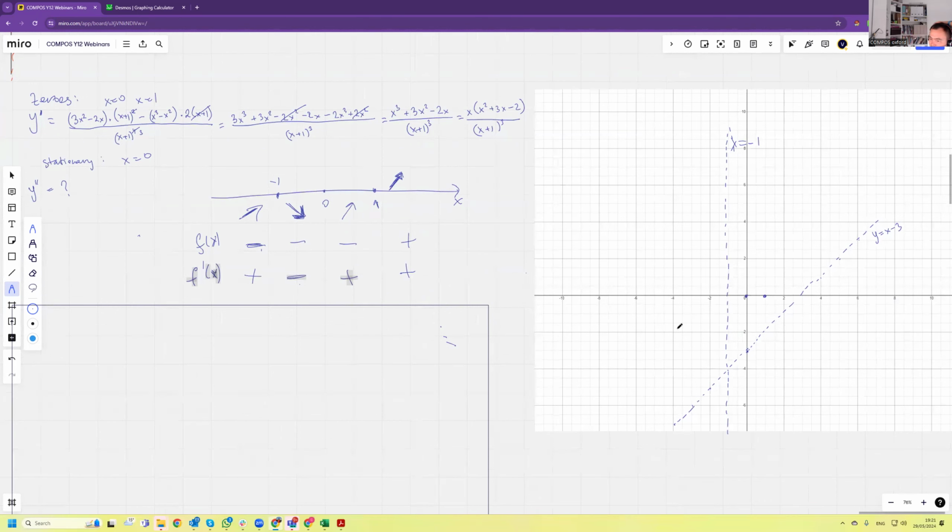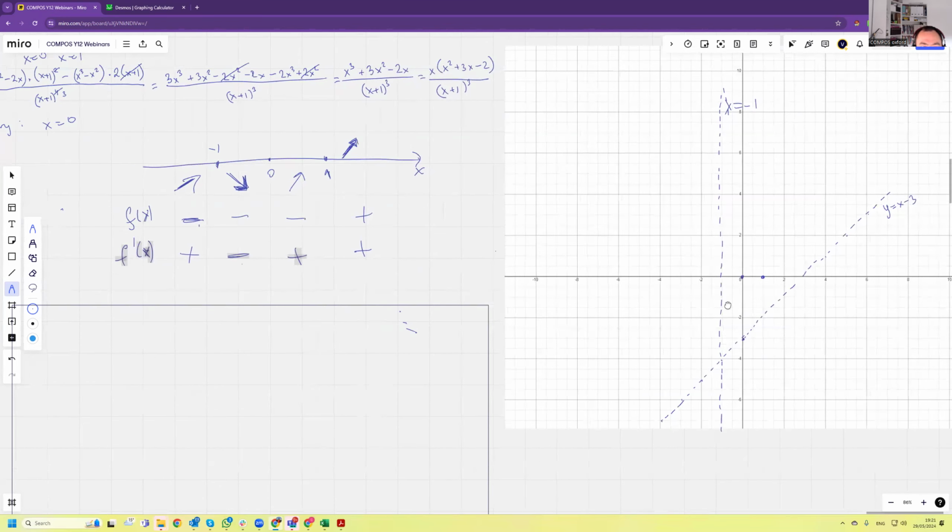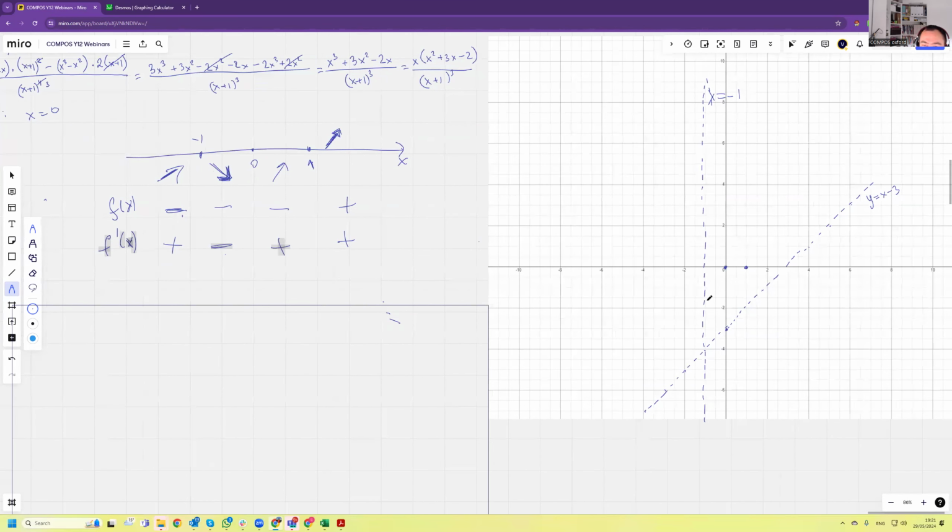Okay, so something's weird going on here. Not sure exactly what, but I can certainly draw this part of the graph. What's going on?